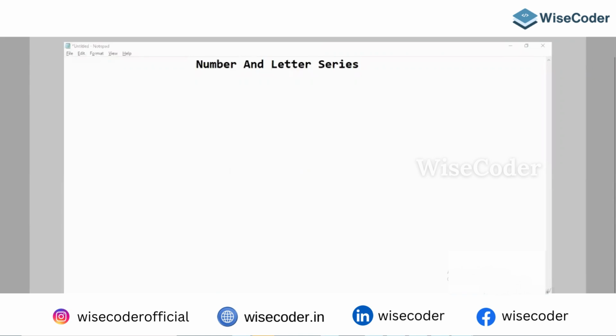Okay, in this first category of questions, a series of numbers or letters is given with one number or one letter missing, represented by a blank or a question mark.